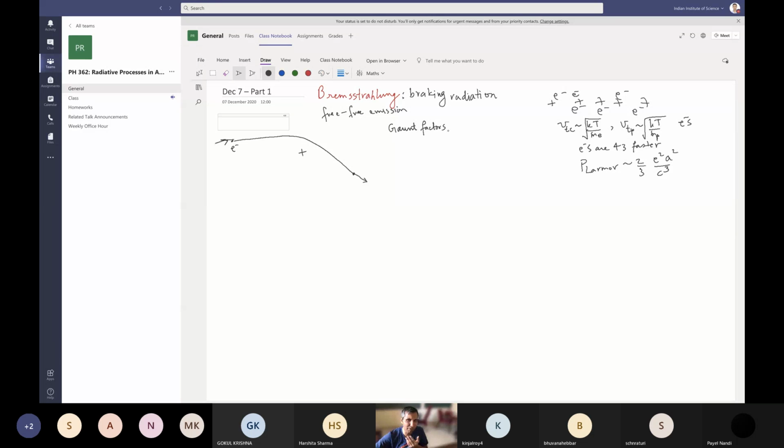The formulae that come out of the more accurate calculation can be incorporated in the form that we get from classical calculation. That is, we ignore the quantum nature of photons. And we will be doing a non-relativistic treatment, which means that the typical velocity of the electron, which is kT over me, is much less than c.